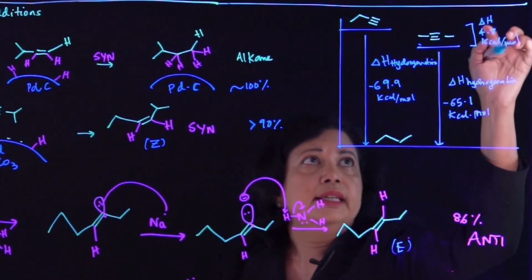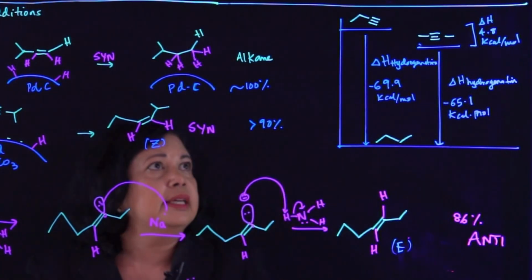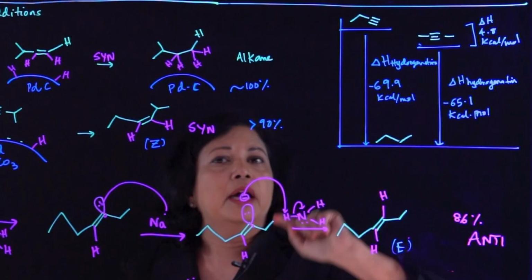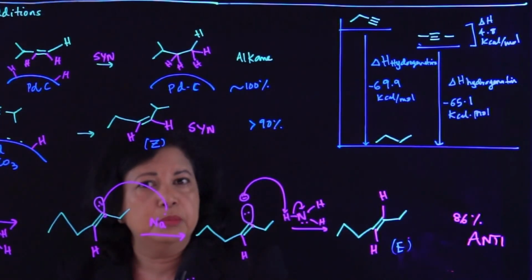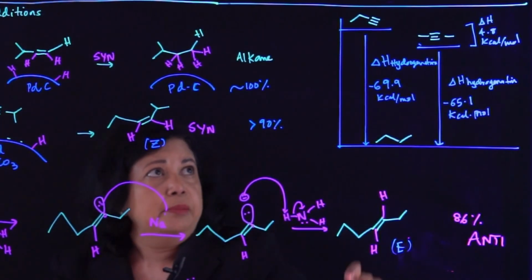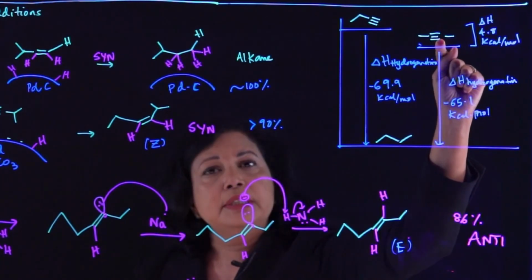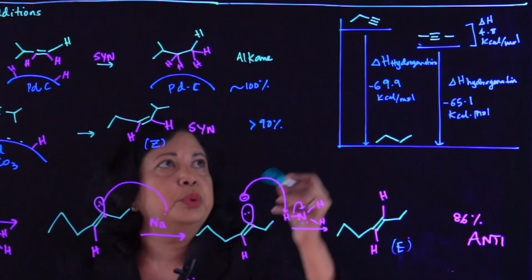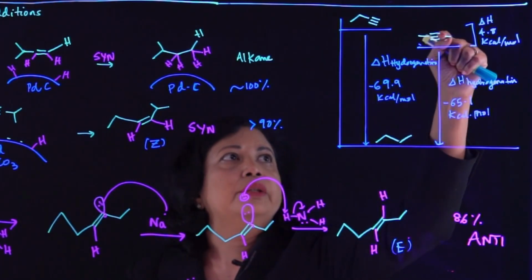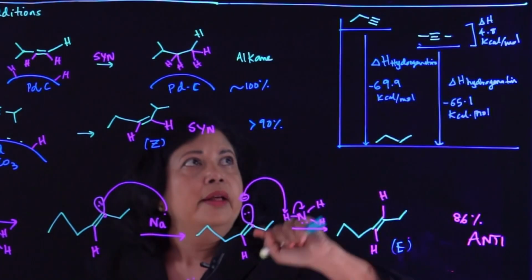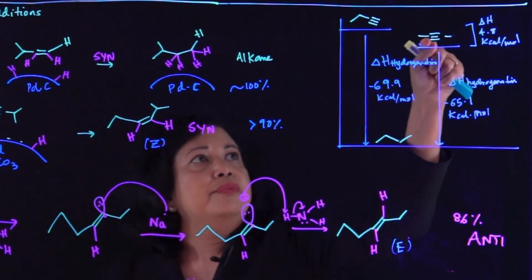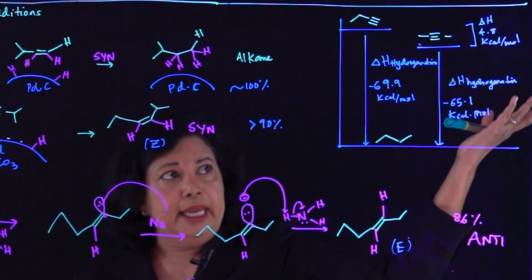And so that is quite high. That means the internal alkyne is more stable than the terminal by about 4.8 kcal per mole. And why is it more stable? Mainly because you have two R groups donating to that pi bond. That pi bond is more nucleophilic, and therefore it's also going to be more reactive.